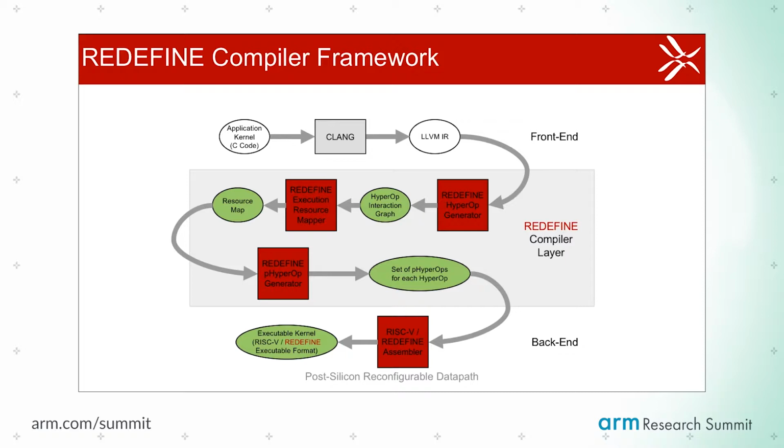Orchestrator, using the metadata produced by the compiler, exploits these parallelisms by distributing hyperops to multiple computing resources and p-hyperops to multiple compute elements. The Redefine compiler emits Redefine executable format of the code written in a high level language using the RISC-V instruction set extended by Redefine specific instructions.